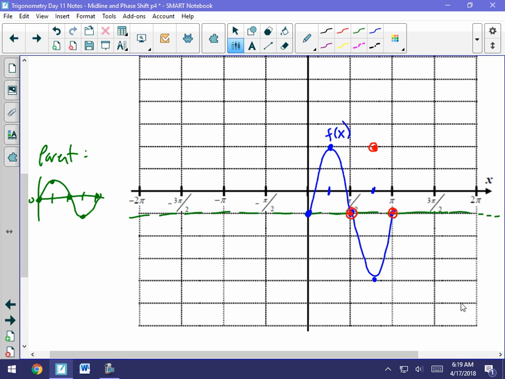This one that was here is really over here now. And then this last one that was here would move pi over 2 units to the right, and it would be here. And so just taking those points and moving them pi over 2 units to the right, there's g of x. That's about all you need to do in terms of phase shift, is just to identify that it's happening. And if you wanted to work it into a graph, that's how we would do that.